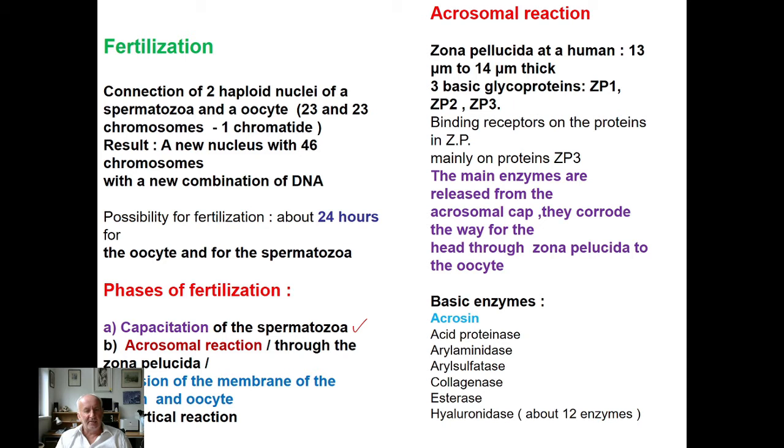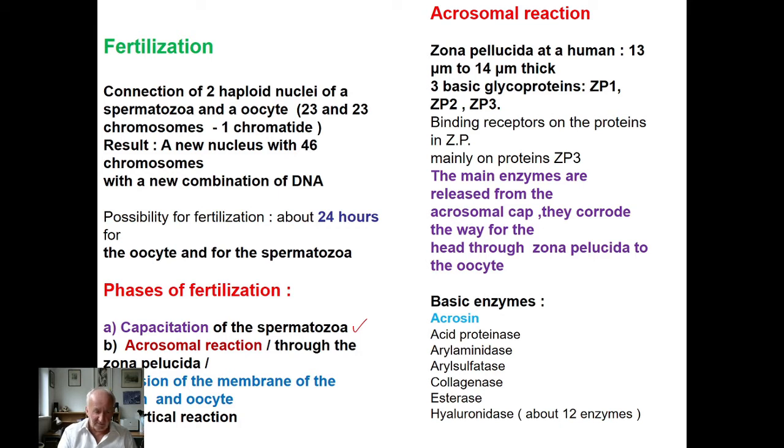We have to connect two nuclei. Each nucleus has 23 chromosomes, each chromosome one chromatid. Once more, the new cell, the new zygote, has 46 chromosomes. The possibility for fertilization is around 24 hours.